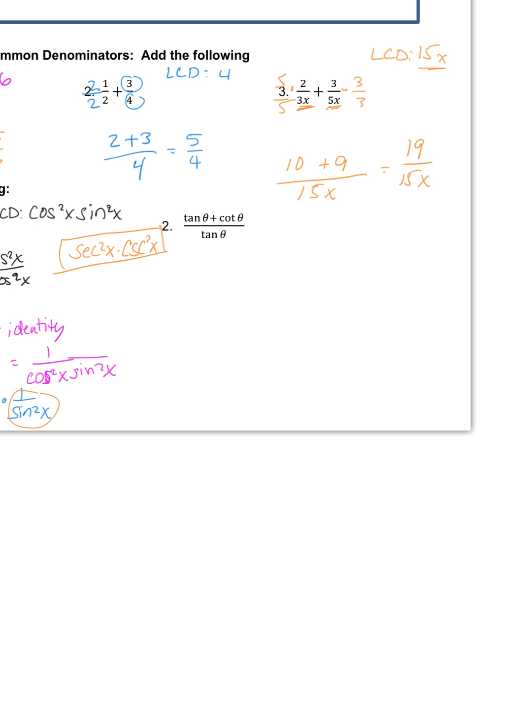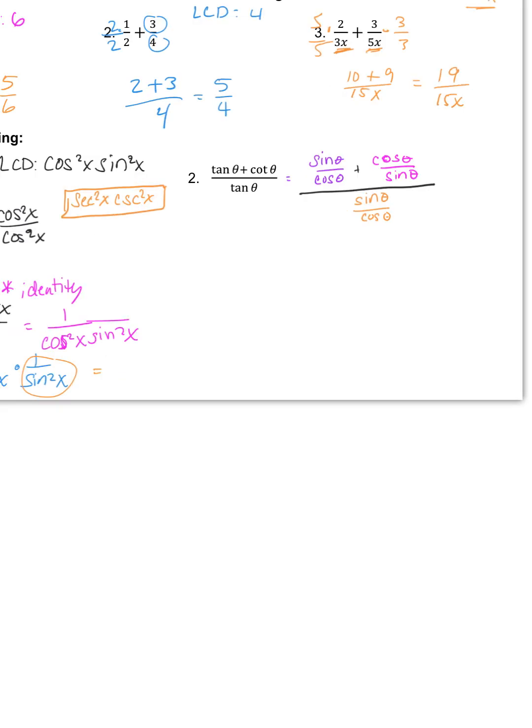We're going to change everything in number 2 to sine and cosine if we can. Okay, so I went ahead and changed everything in terms of sine and cosine. But we have a fraction over fraction, so usually you can take the top and multiply by the reciprocal of the denominator, but it's not a single fraction on top. I have 2 fractions, so I have to combine them. The denominators are not the same, so we have to find the LCD.